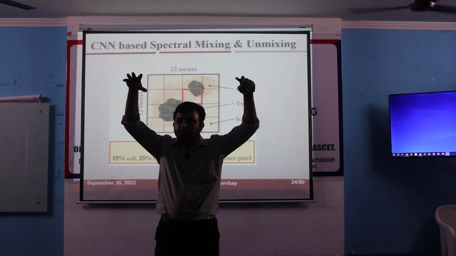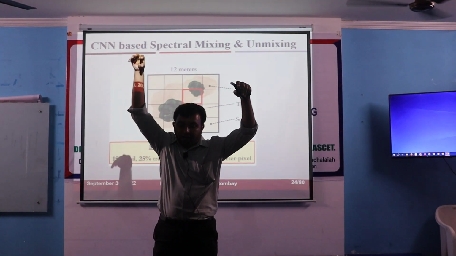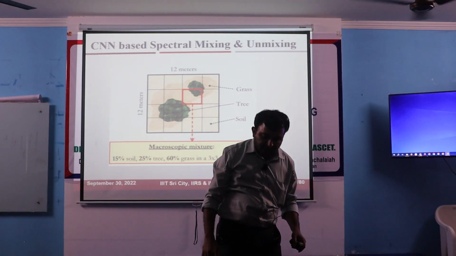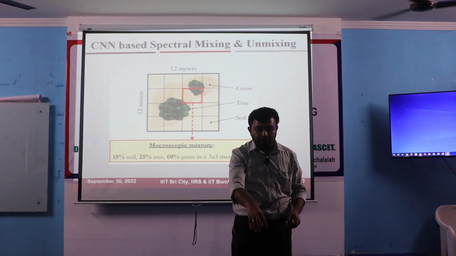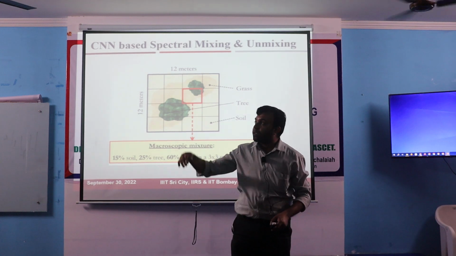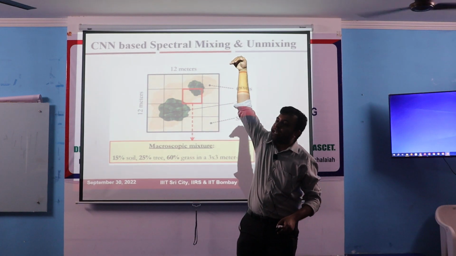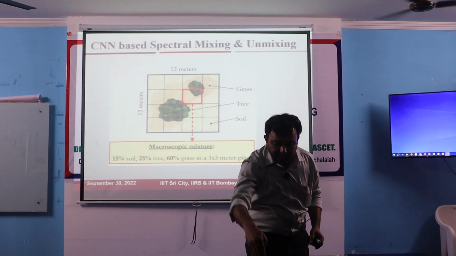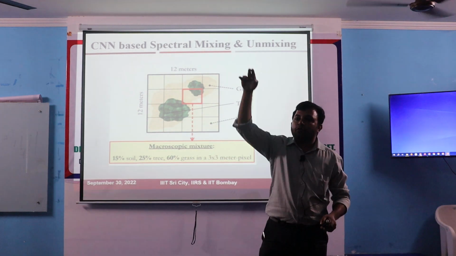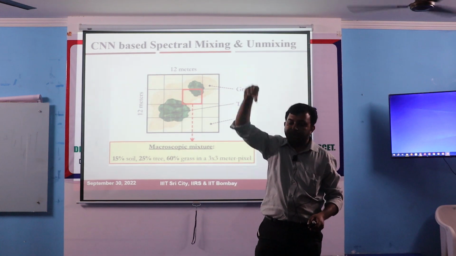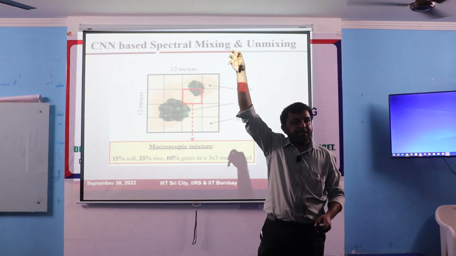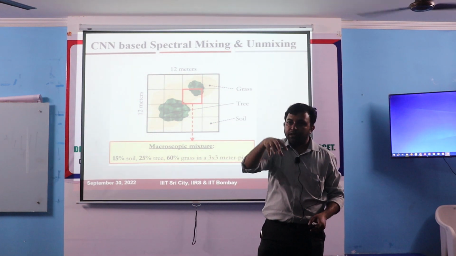Okay, I'll tell you what will happen. I have two objects within this pixel, two materials. One is soil, one is vegetation. The energy or the rays from the sun come here and hit one material, then go back to the sensor. Then no problem, that particular material will be recorded for that area.